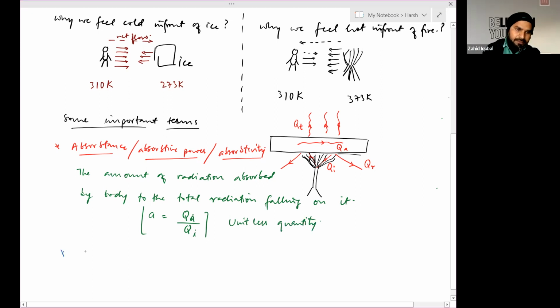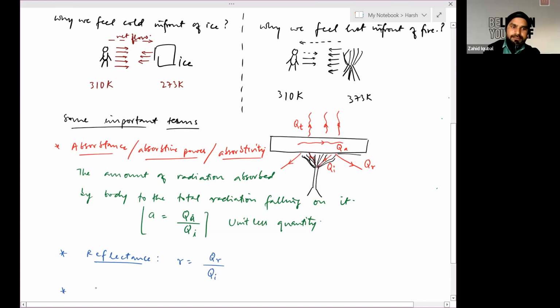Similarly, we may define reflectance or reflectivity or reflected power: the amount of radiation reflected to the total radiation incident on it.